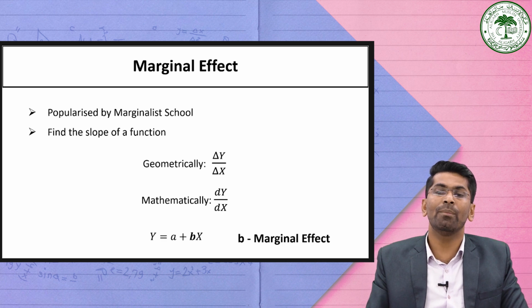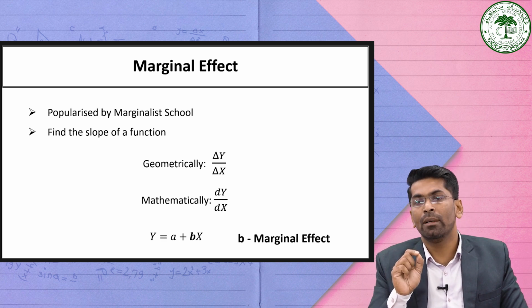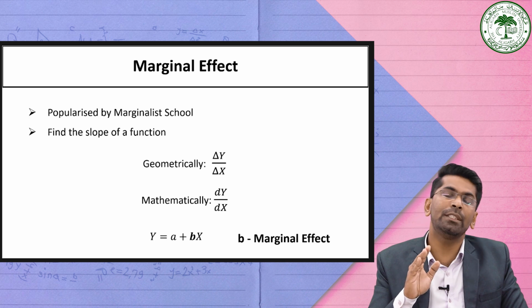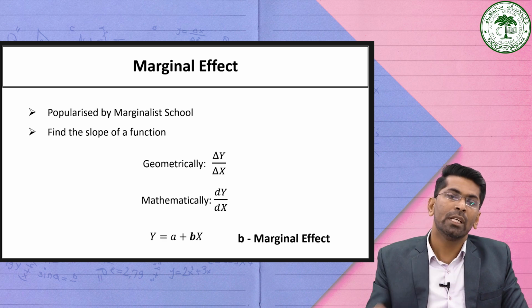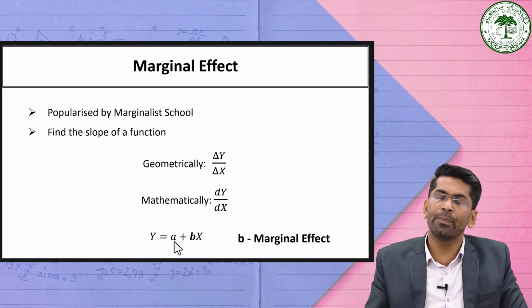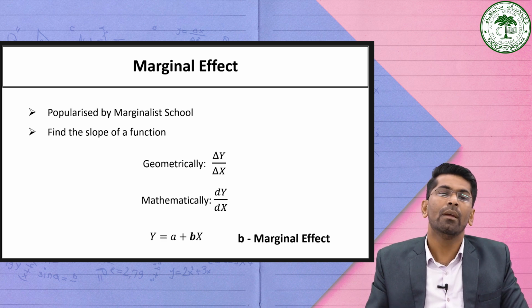B is the marginal effect, which means the change in the outcome variable resulting from a small change in one independent variable, holding all other variables constant. So here A is the intercept term and B is the slope, but here we are representing it as the marginal effect by keeping all other factors constant.